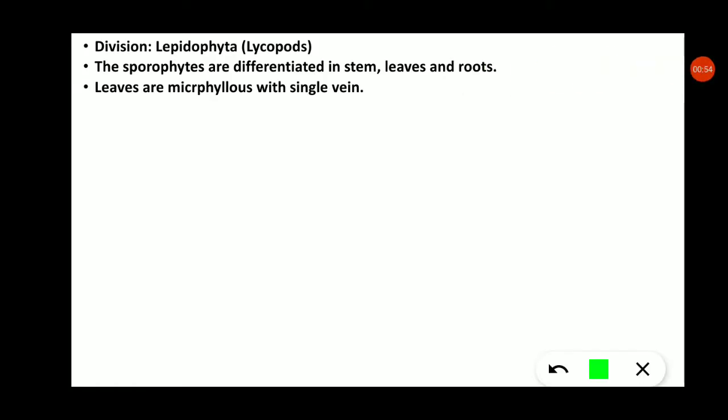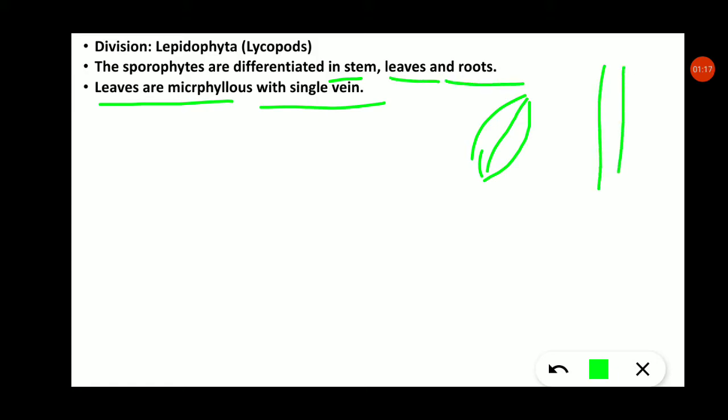Microphyllous means they are very small in size and have only one single vein. This is the stem, this is the root, and these are the branches, and on these branches the leaves are present.